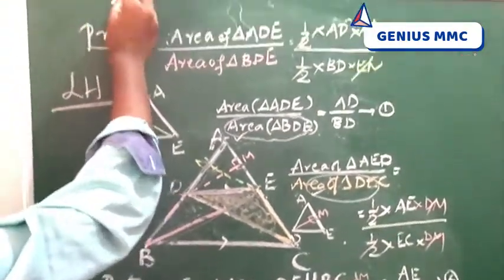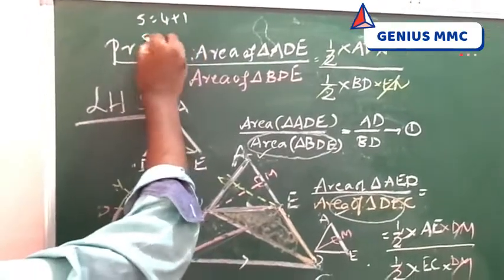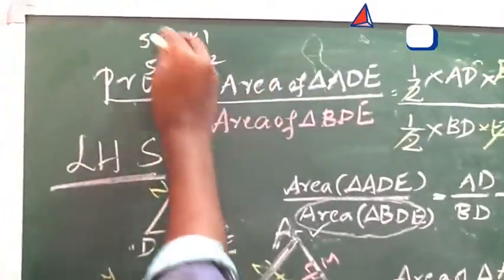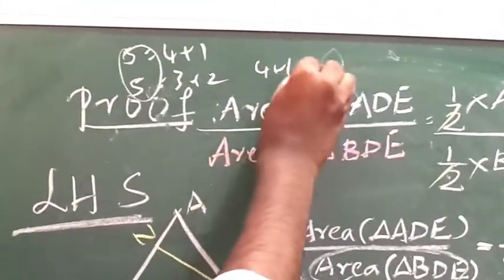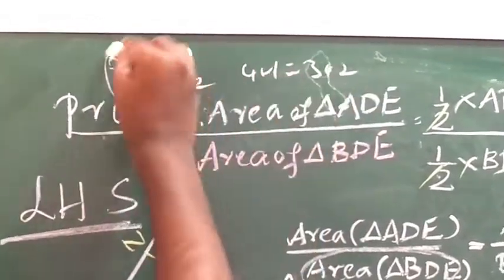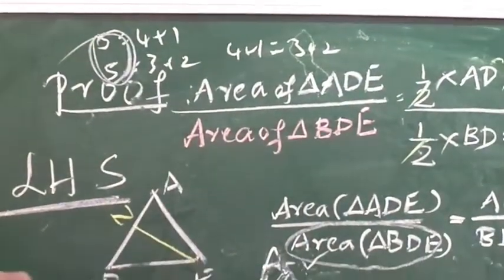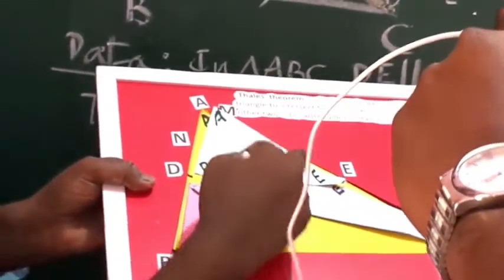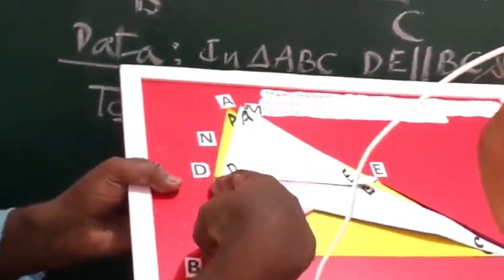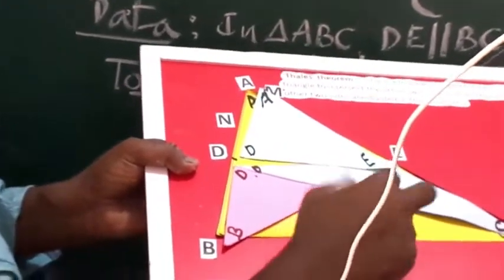For example, I will write 5 is equal to 4 plus 1, 5 is equal to 3 plus 2. Next step, 4 plus 1 is equal to 3 plus 2, because LHS equal means RHS also equal. Similarly here, there are two areas of triangles, AD by DB and another, but both the triangles BDE and DEC are equal here.